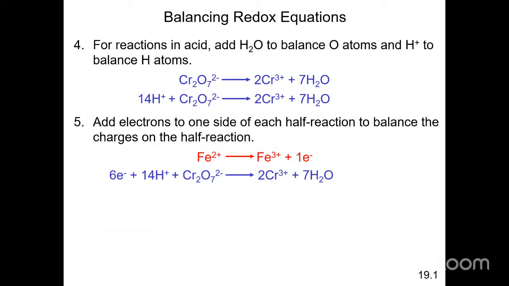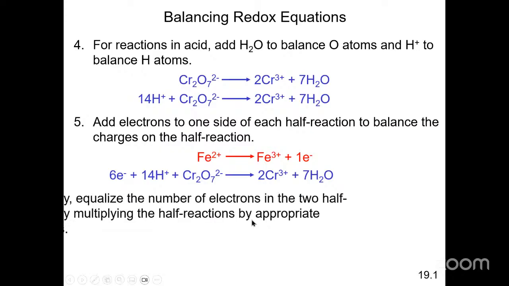Like in the example that we just did, one side has a total of +12, the other side has a total of +6. So you're going to add 6 electrons to the side with the higher net charge of +12. That reduces that total charge to +6, which is equal to +6 on the other side. So please keep that in mind when you get to this stage.